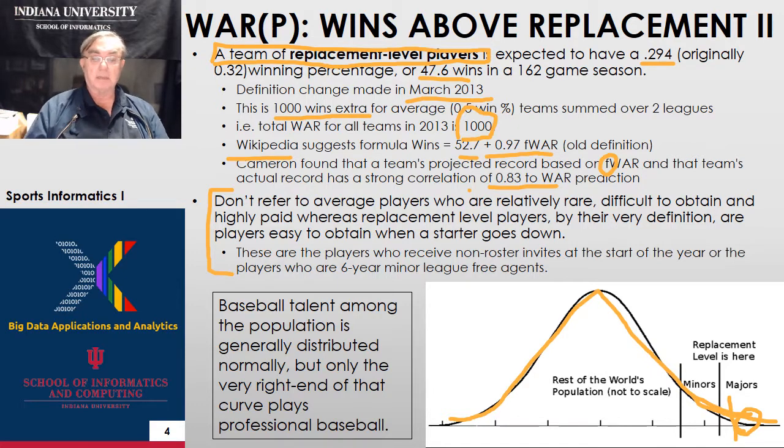These are the players on the fringe of just making it into the major league. And this again describes this Gaussian distribution of quality. Here's the mean back here, and it's distributed as a nice Gaussian or normal distribution. But the sport of baseball is based right up here, just in the tail.